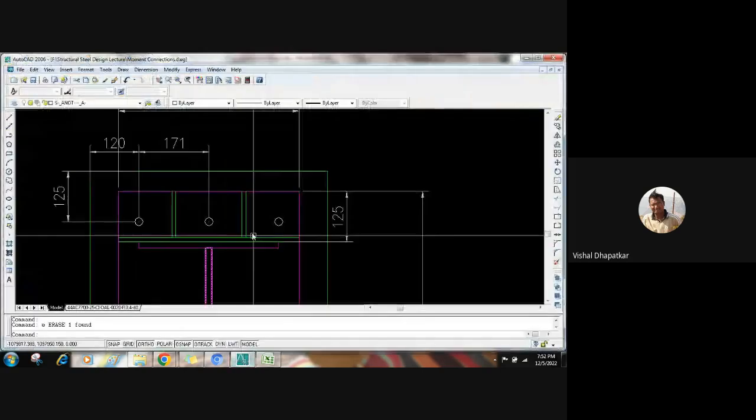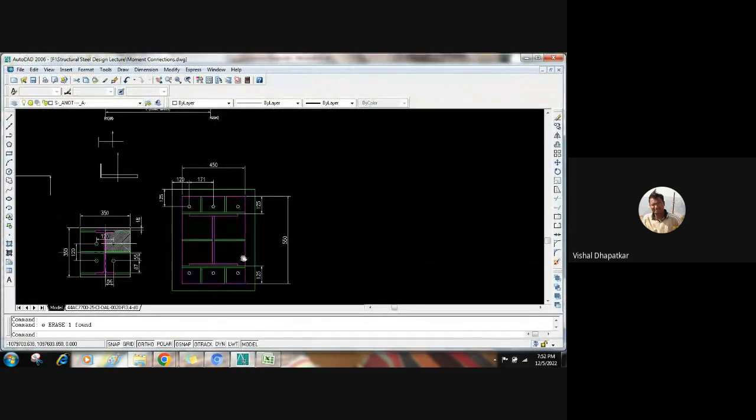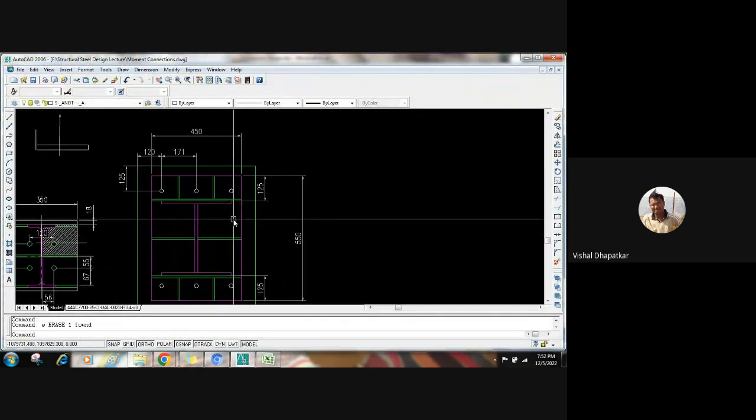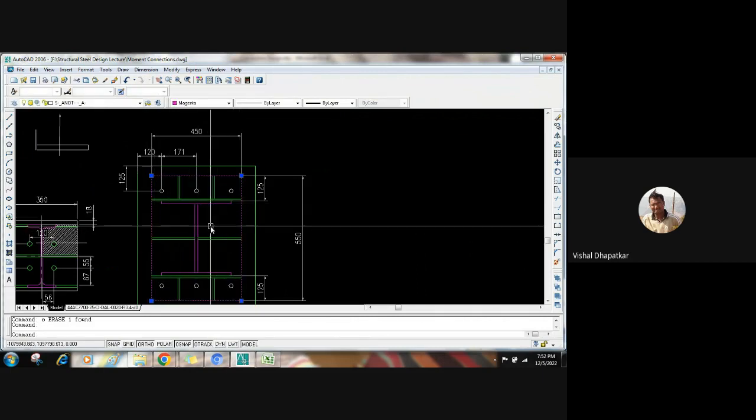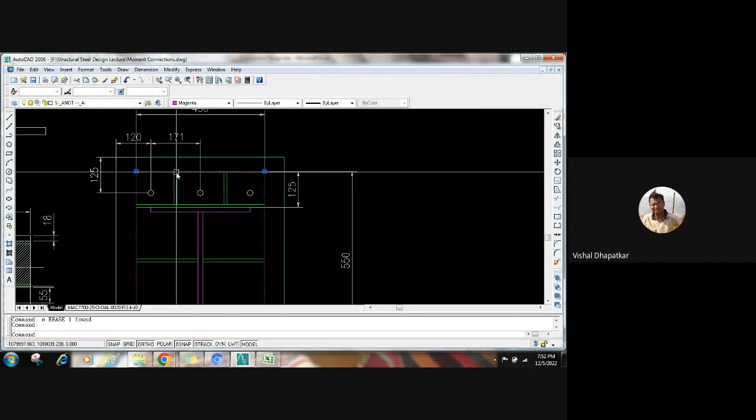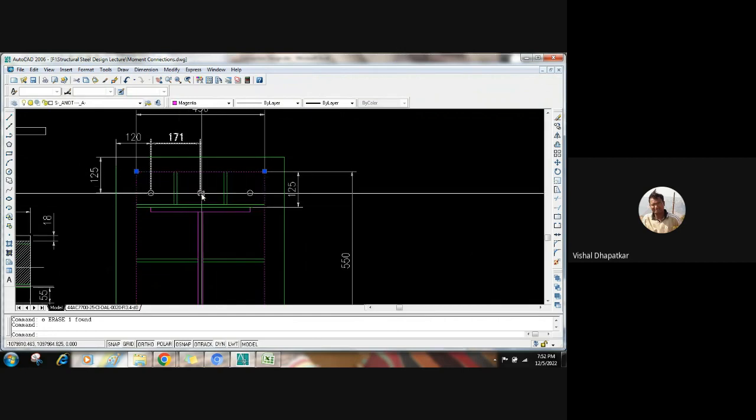So out of this, for the fixed base, how many thicknesses will we get? One is for the base pressure for this plate supported on three sides. Second thickness will be for this plate supported on three sides when there is a tension in the bolt.